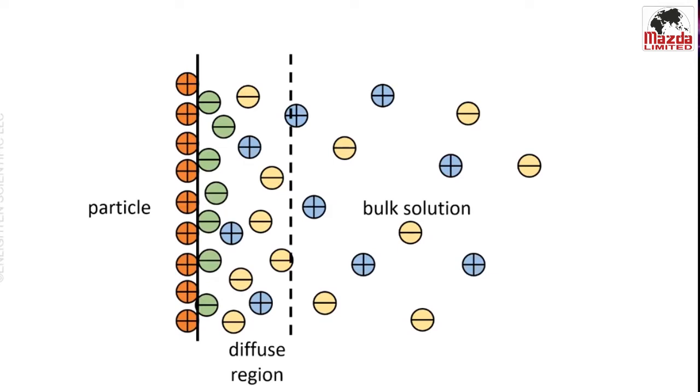This region is a diffuse layer of ions, balancing the charge on the particle. So we have a rigid layer associated with the particle surface and tightly bound material, and then a diffuse layer. And combined, we get the diffuse electrical double layer.